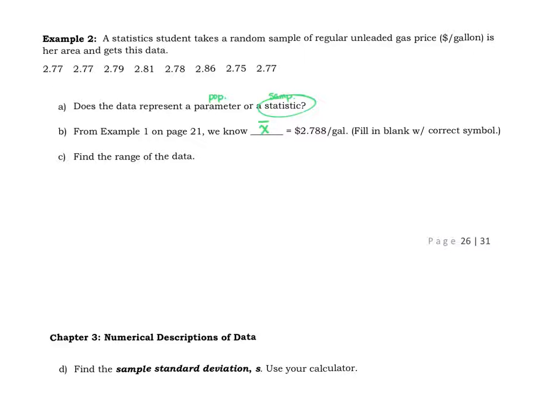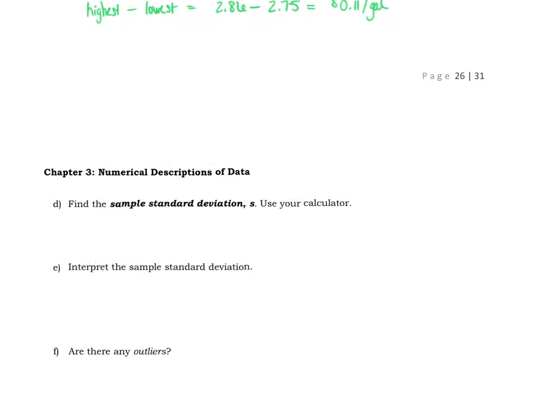Remember, the range is the highest value minus the lowest value. So that's $2.86 minus $2.75 for a range of 11 cents per gallon. So there's the range, how much the prices differ from high to low.